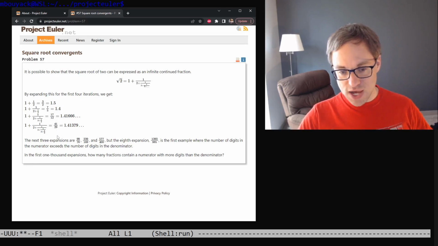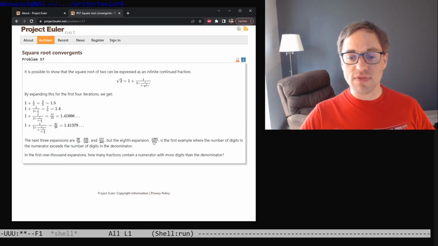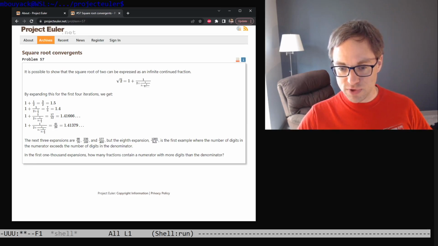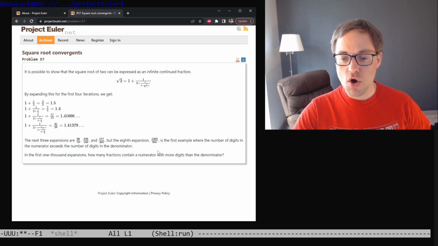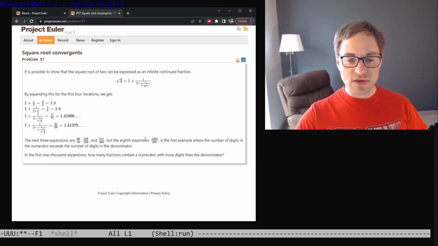But sometimes, and the first time it happens is in the 8th element of the sequence, the numerator will have one more digit than the denominator. It gives this example here, 1,393 over 985. And we're asked to count the number of times that happens in the first 1,000 elements of this sequence.